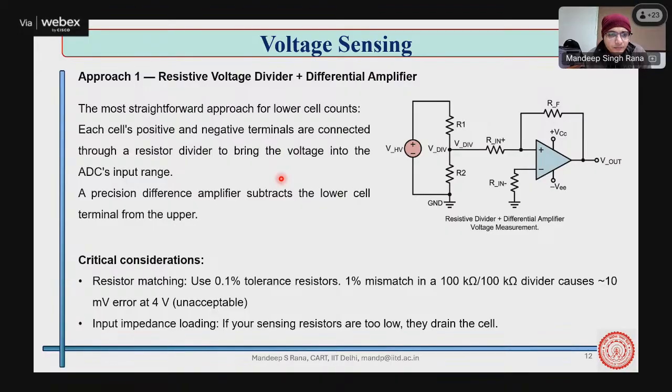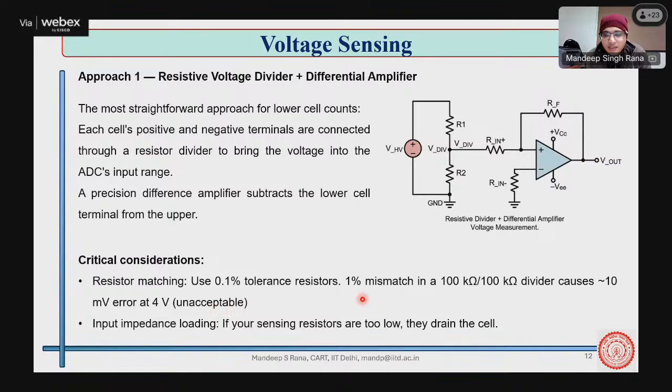Now, the major thing is that if you implement such circuits, there is a lot going on which we do not take care of when we really do it. So, first thing, let's say you used a resistor with 0.1% tolerance.